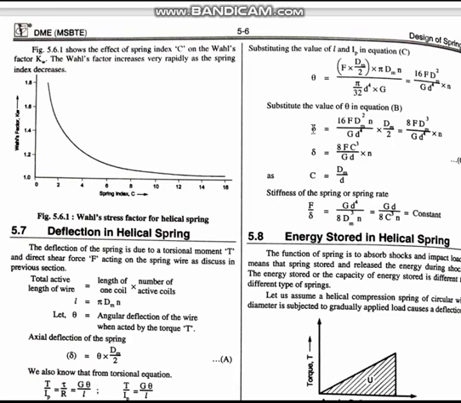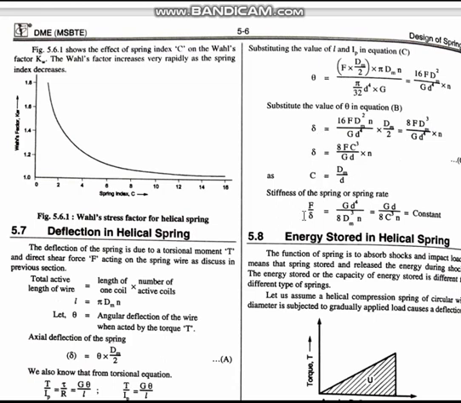Another equation is this: delta is equal to 8F Dm cube n by G d to the power 4. This is the second most important, and these are the two equations we are normally going to use. One is for shear stress using Wahl's correction factor. Another is this delta: 8F D cube n by G d to the power 4.